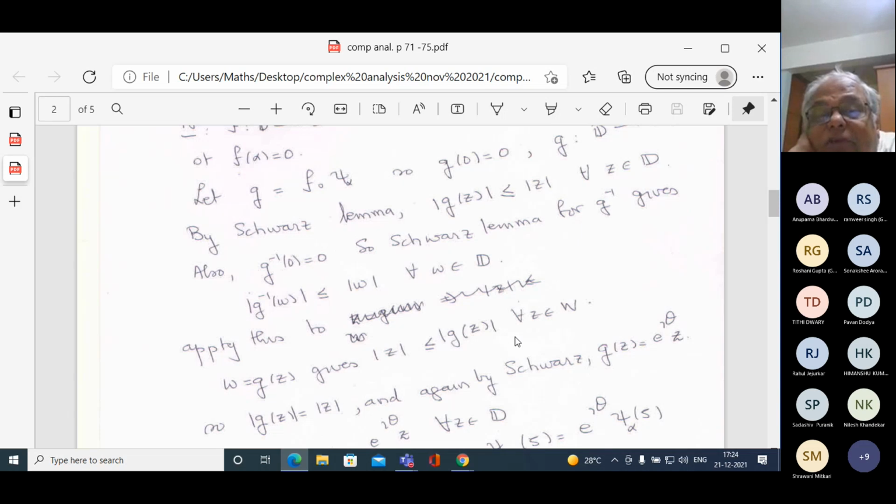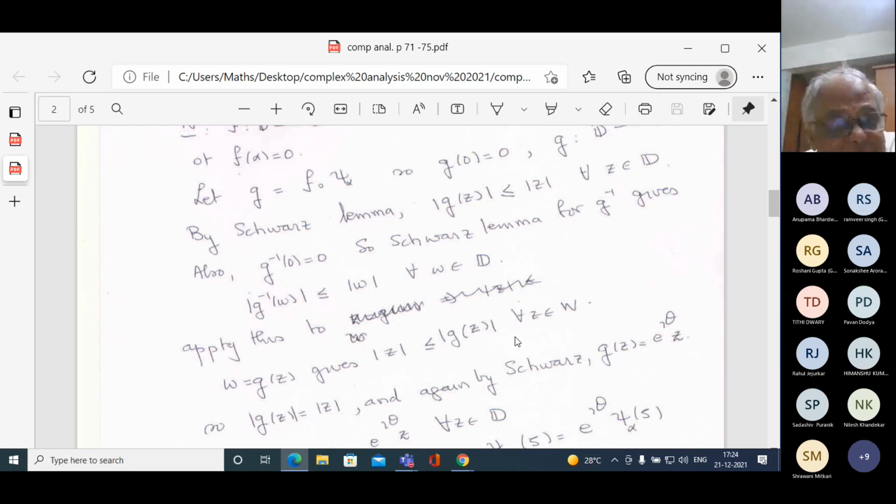So this idea actually is used in quite a few places. When you have an inequality like that, |G(z)| is less than |z|, you apply the same inequality to the inverse, if you know that the inverse satisfies the same properties that the original G satisfies. Then that less than or equal to sign becomes a greater than or equal to sign, and therefore you will have equality there.